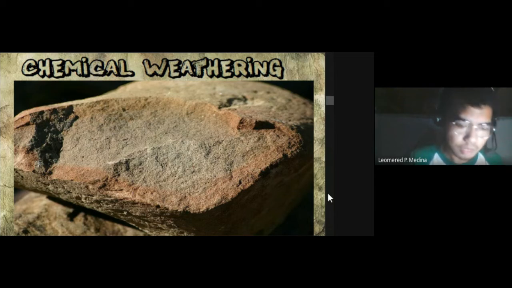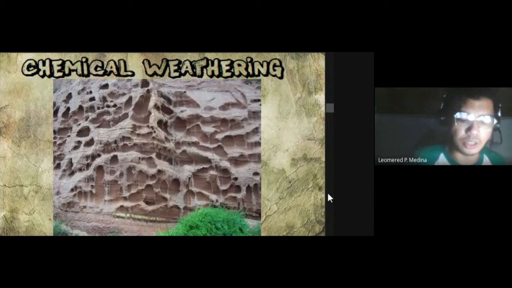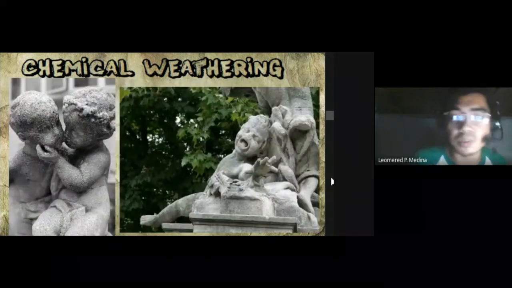Then there's also the presence of solution weathering, because of the acidity that is present in the rain, for instance, acid rain. It can actually melt different types of materials, specifically the ones which possess limestone and even some statues.